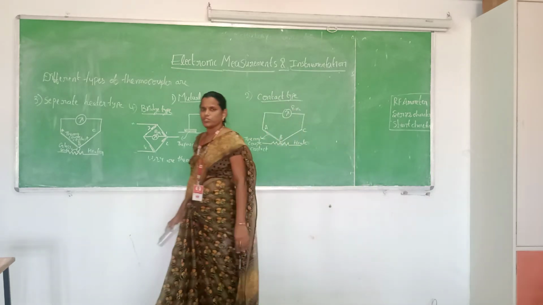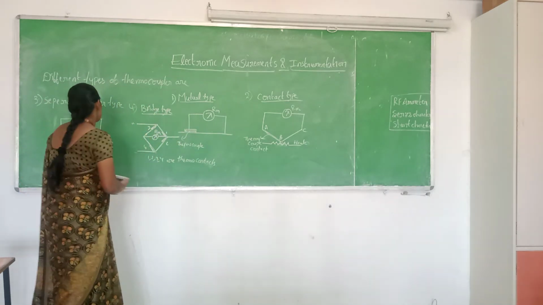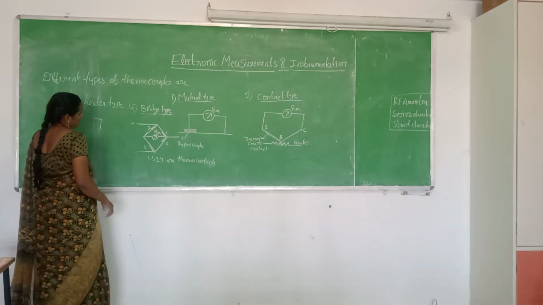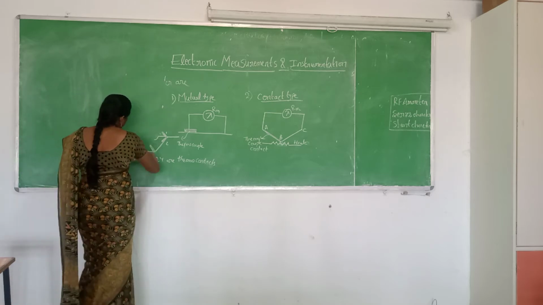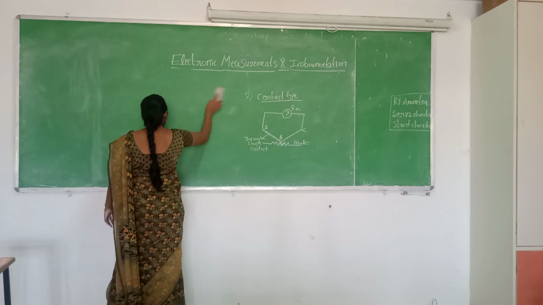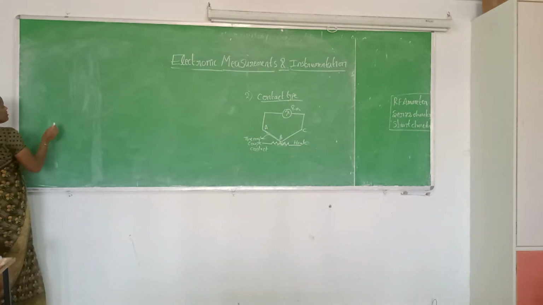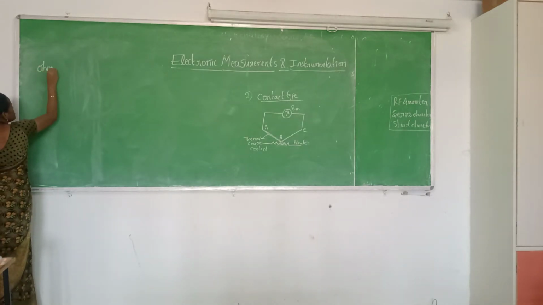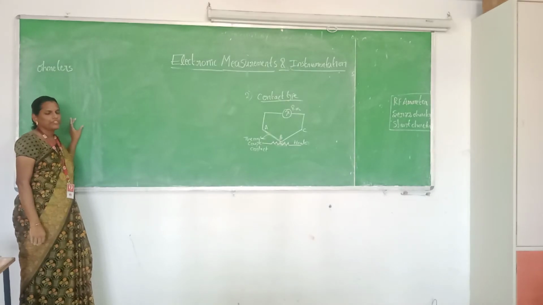Next we will go for the ohmmeters, of which we have 2 types, that is series ohmmeter and shunt ohmmeter. Till now we have discussed the different types of ammeters and voltmeters using PMMC instruments.